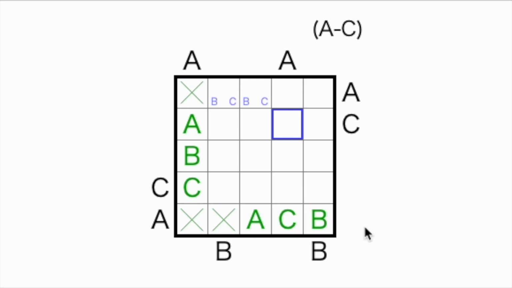Let's see. Where else do we need A to go? In rows 3 and 4, we need A's, and they can be in a bunch of different cells. That doesn't seem very helpful. We're going to need a C before anything else. It can't go here because we've already got a C in that column.